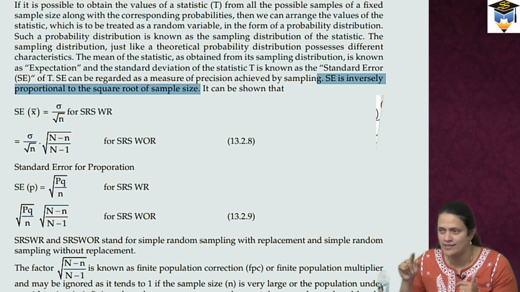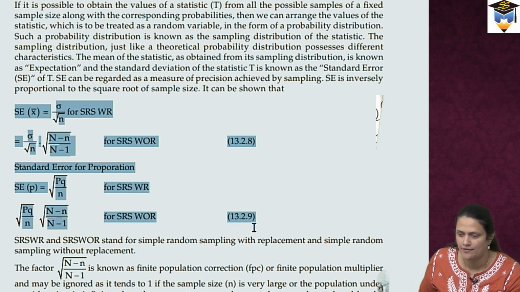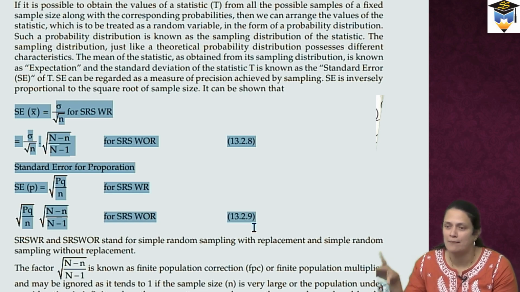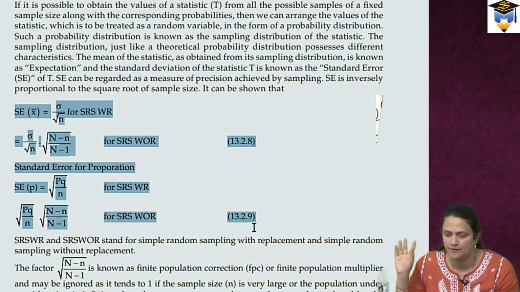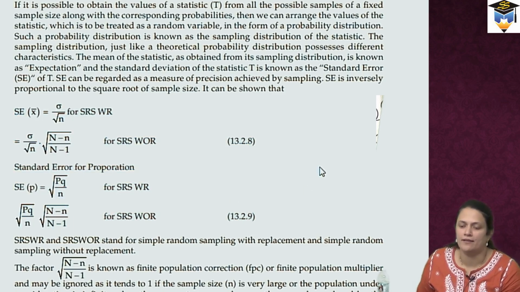Next, write down this entire thing, all the examples, all the equations, all this part. SRS is simple random sampling, WR is with replacement, WOR means without replacement.